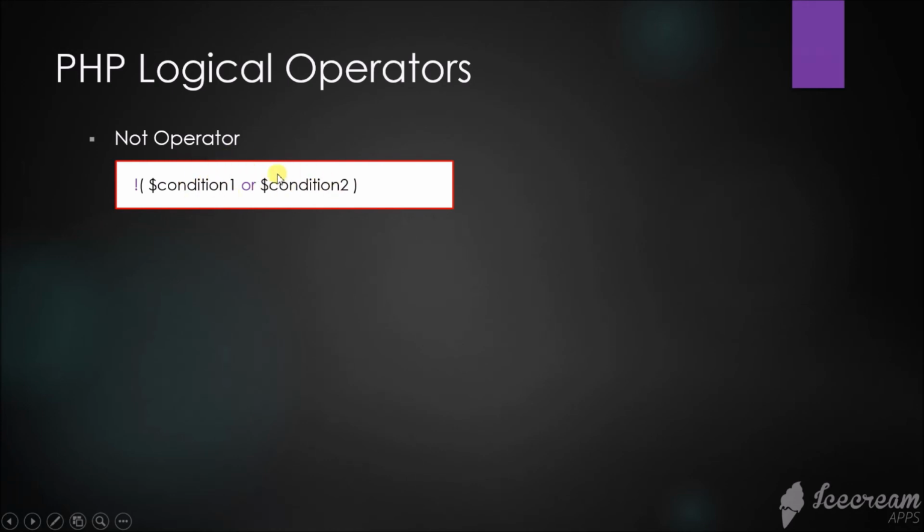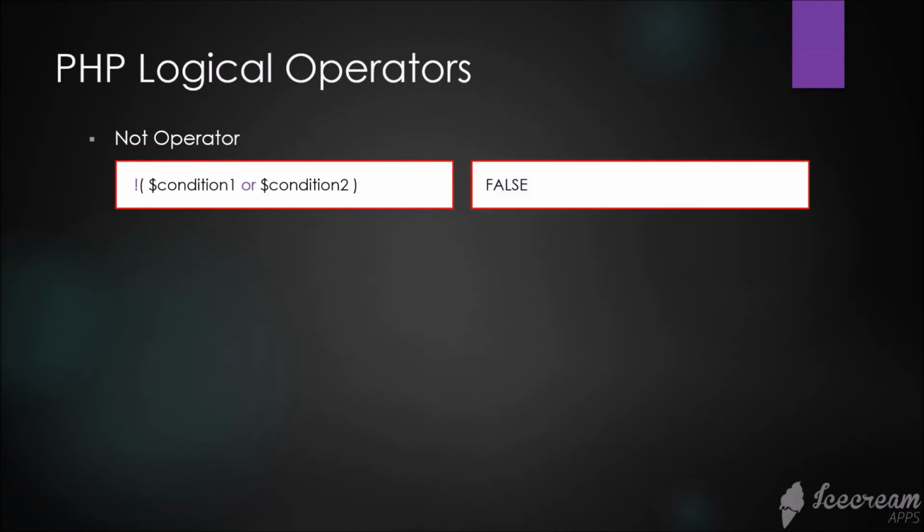So, yung sagot dito is true. But since we use not operator, from being true, we try to invert that one. So, from having a true value, we try to invert using the not operator. And basically, yung magiging sagot will be false. Okay?